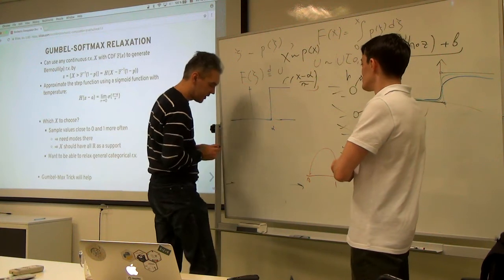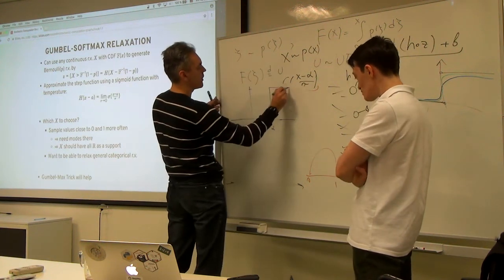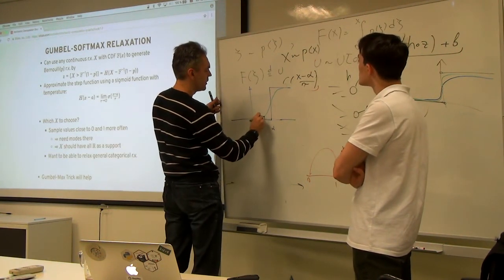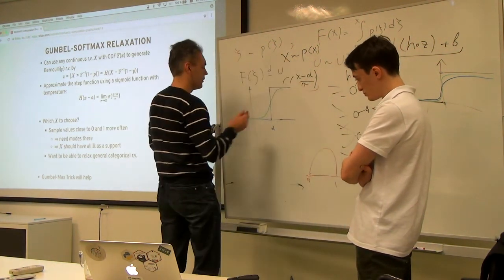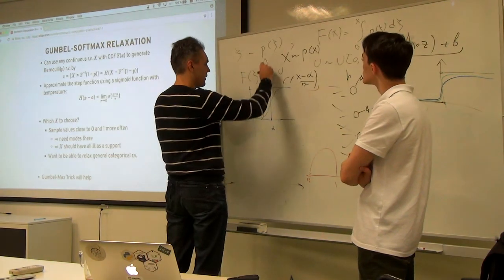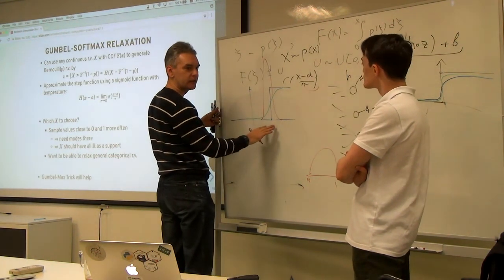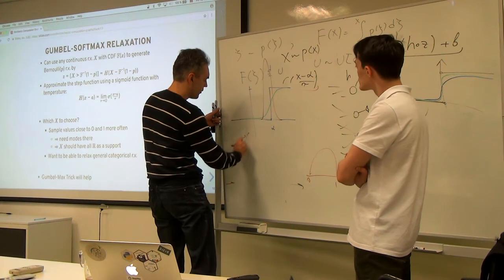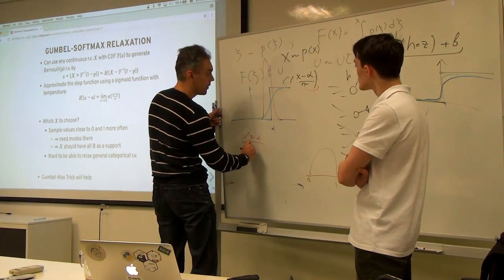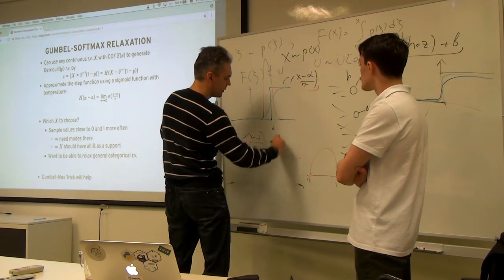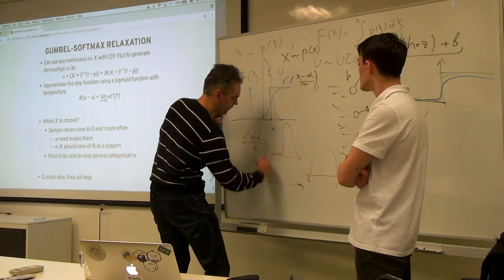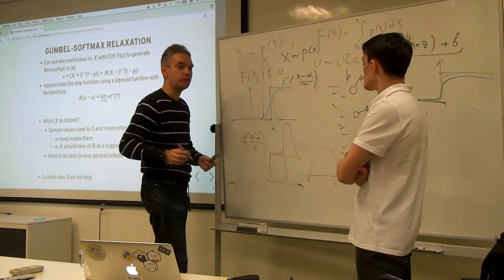Okay, so you want to say that you replace this Heaviside function with, say, a step function, and if our distribution is, for example, some kind of density, right? Then with x minus alpha divided by tau we will have this shape instead of this one which we would like to obtain.